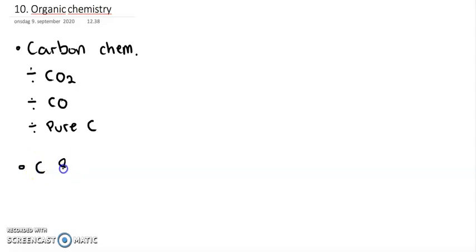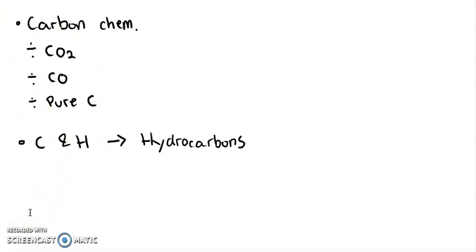If a compound consists of only carbon and hydrogen, we call them hydrocarbons. So the hydrocarbons are only carbon and hydrogen, and we're going to look at one specific hydrocarbon.